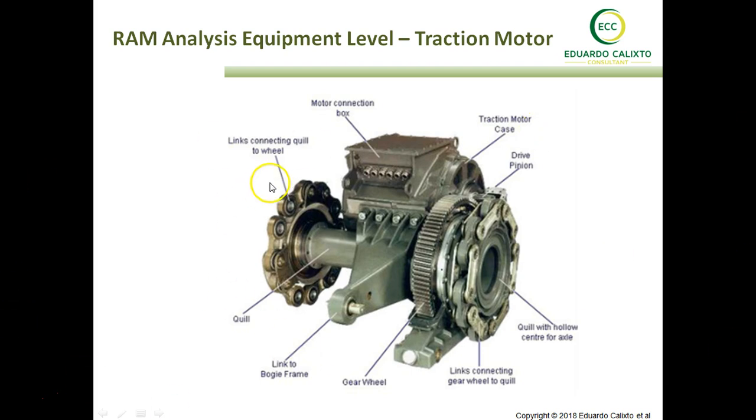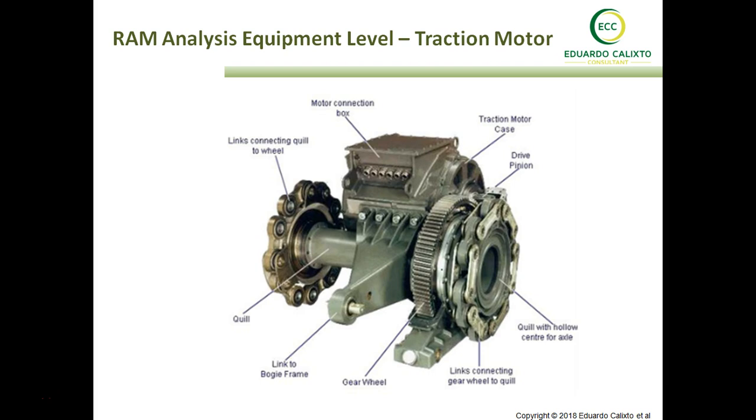So our case here will be the traction motor, very important equipment for the railway industry, for the trains and locomotives. What we have in the trains is a driving motor, a traction motor, on each wheel axle. So in many cases, we can run with only one traction motor.